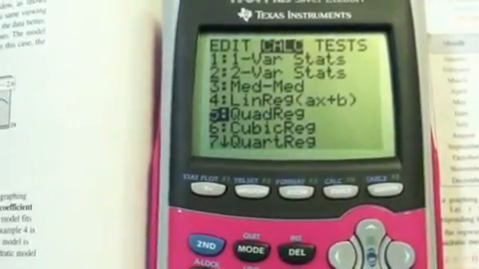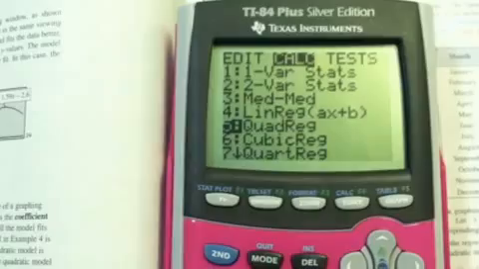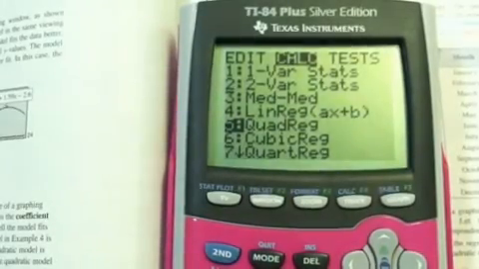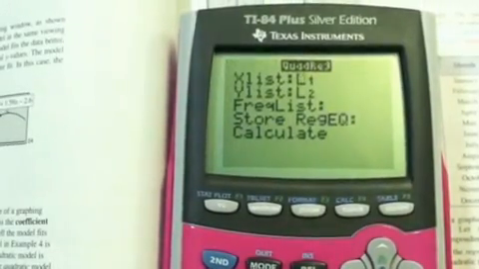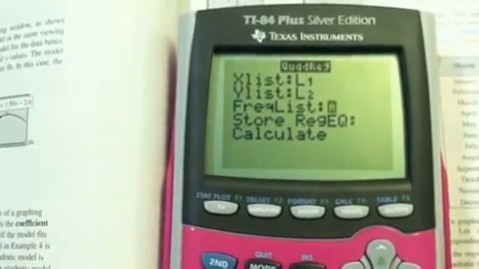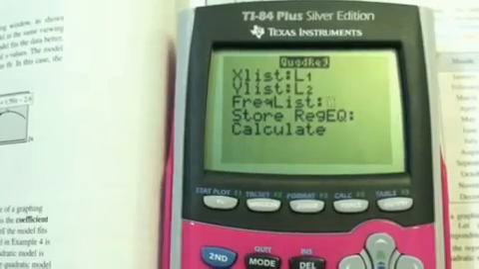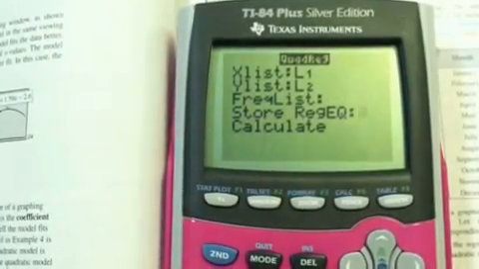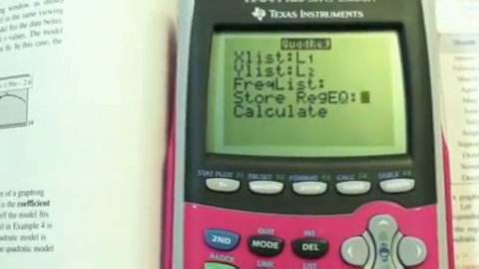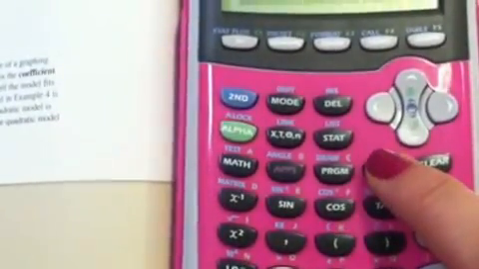This is me assuming that I've got a quadratic function going on. I'm going to hit enter for that. I am in fact using list 1 and list 2. If you don't have the plus edition, you're going to have to put in second L1 comma second L2. Then where it says store regression equation, this is where I'm going to do the vars. Remember that, guys?